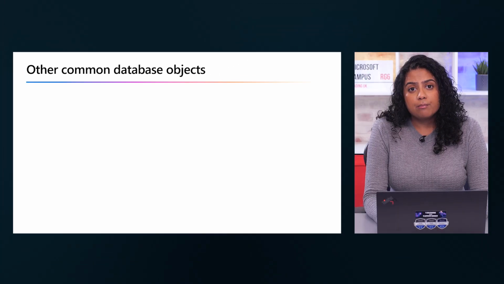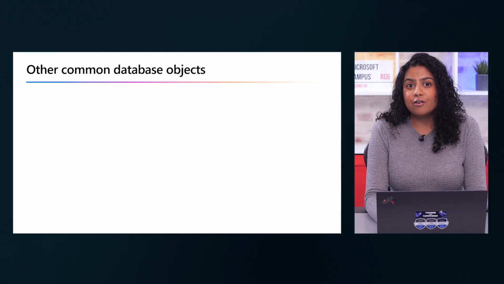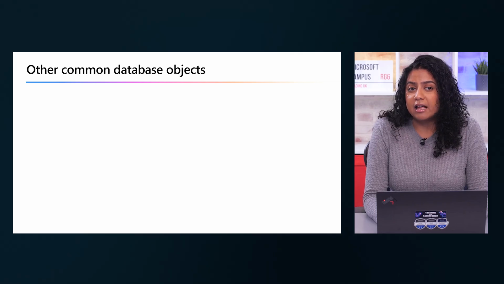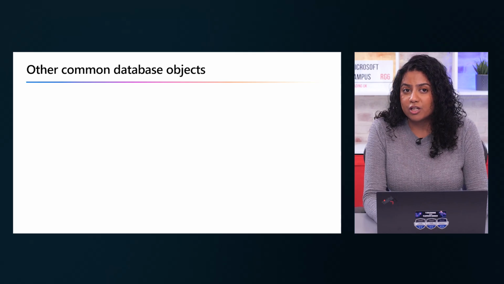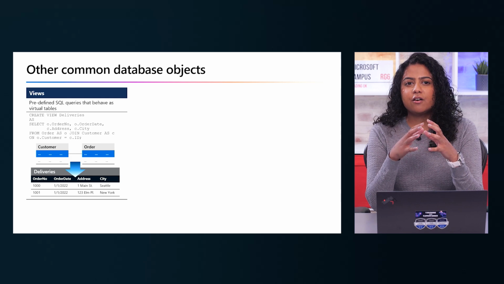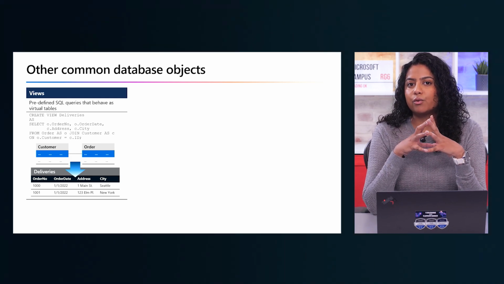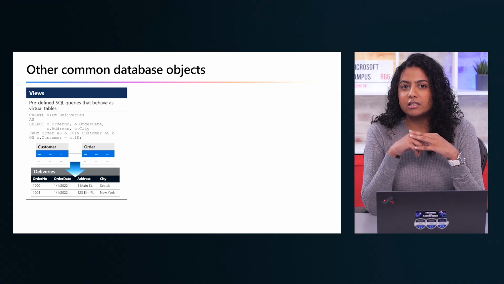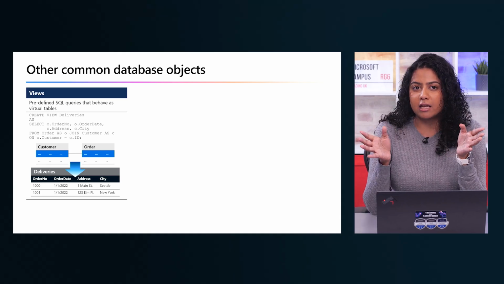Tables aren't the only important objects you'll encounter in a relational database. There are a few other key players that help make everything work smoothly, like views, stored procedures, and indexes. Let's start with views. Think of views as predefined SQL queries that return structured data sets, almost like virtual tables.